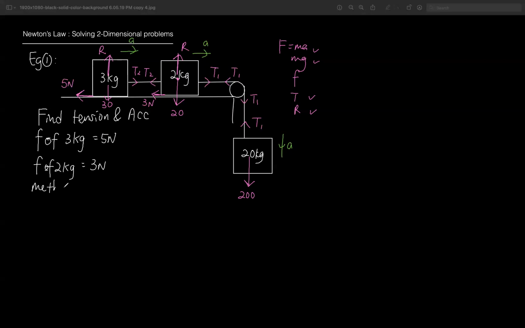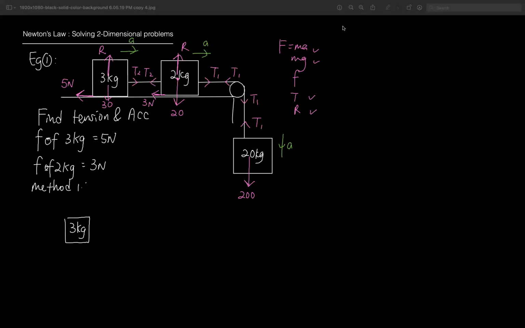Method 1 is using free body diagrams. How many bodies do we have in this system? 3, right? So that means you're going to have 3 free body diagrams. Let's draw the first one. So we have 3 kg. When drawing a free body diagram, you only look at that body and the forces acting on that body.